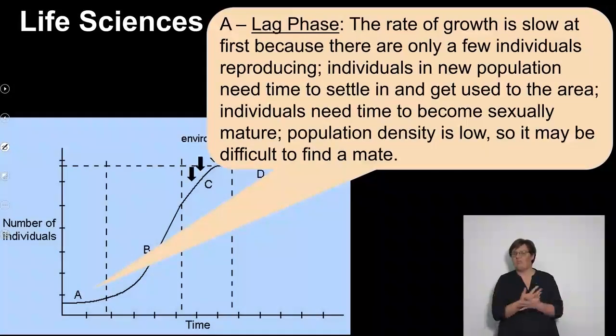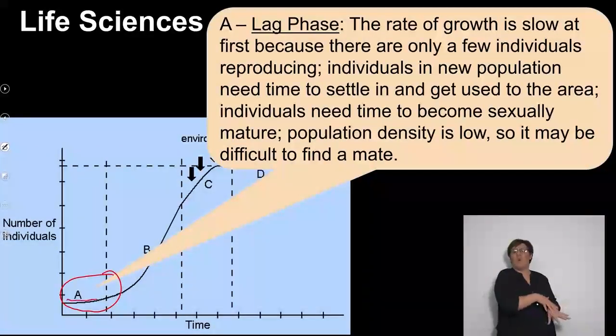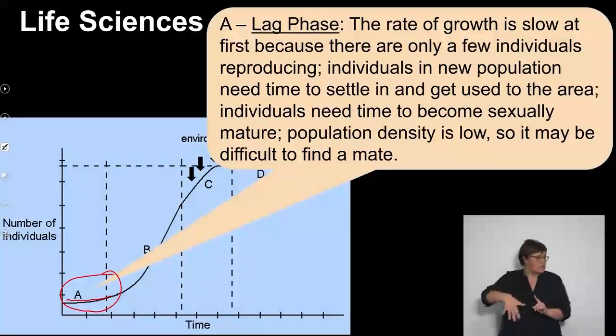So let's go very quickly through the phases that we already know about. We know the lag phase is slow growth over time because there are only a few individuals reproducing. The individuals need to get used to the area.